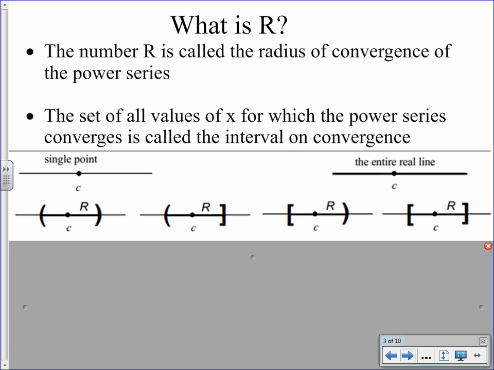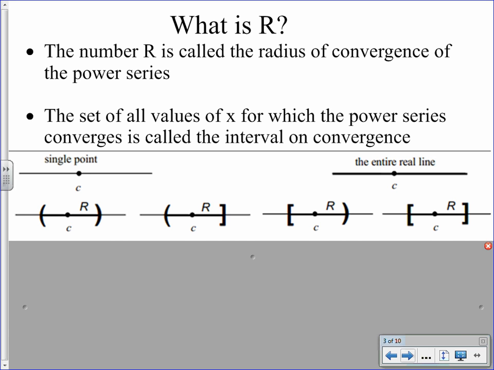Or we can converge on an interval with any of those 4 things happening: the endpoints don't converge, one endpoint converges, or both endpoints converge. We saw these pictures yesterday.